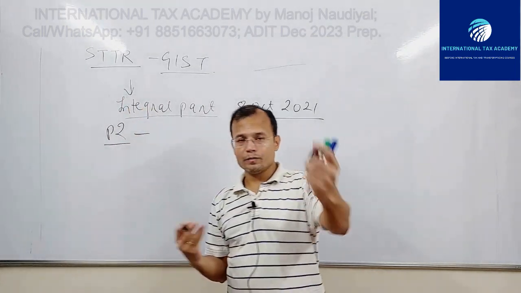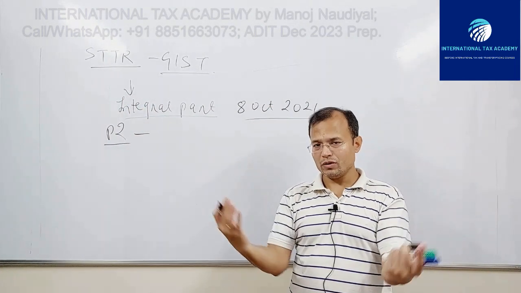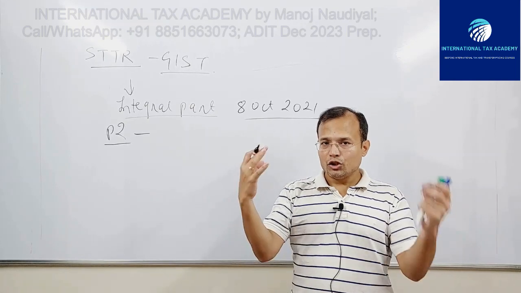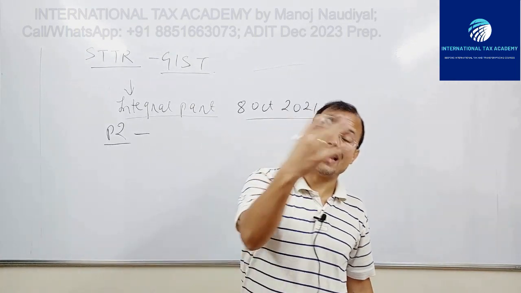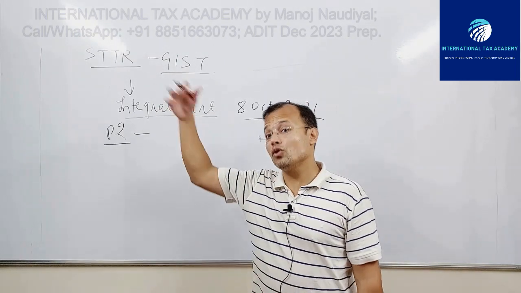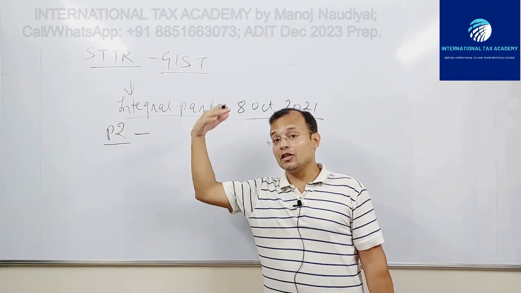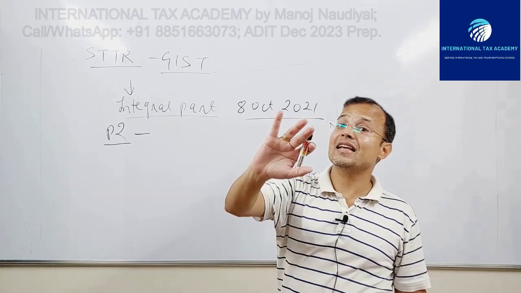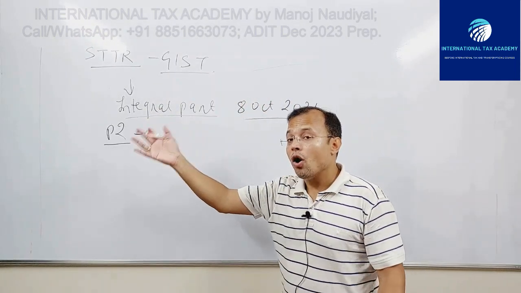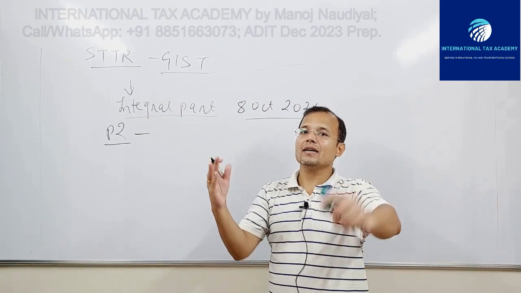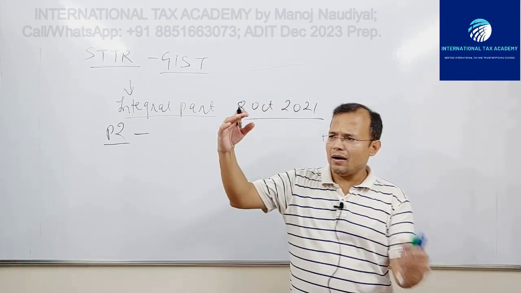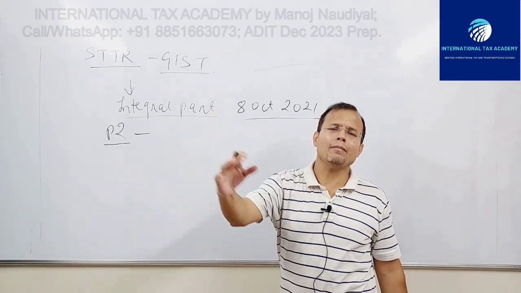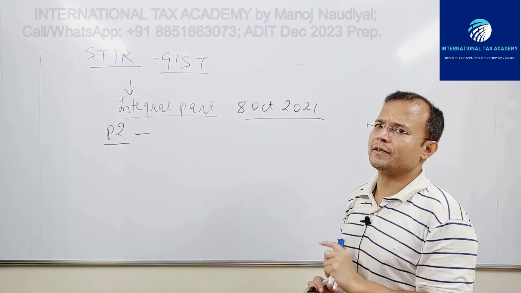Pillar 2 consists of rules that provide certain jurisdictions with taxing rights, wherein other jurisdictions have not exercised their primary taxing rights, or otherwise the payments are taxed at a rate which is below the minimum rate, that is below 15%.